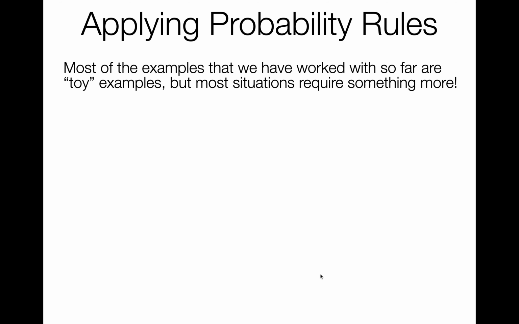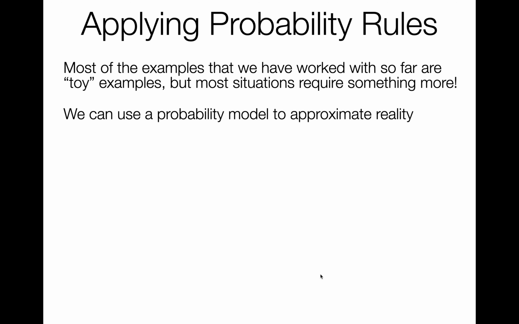Now, lastly, most of the examples that we've looked at so far, like flipping a coin or rolling a fair dice and so on and so forth, are toy examples. But most situations require something more. We know the rules that govern rolling a dice or flipping a coin. But there are other situations in which we may not know the rules that govern it.